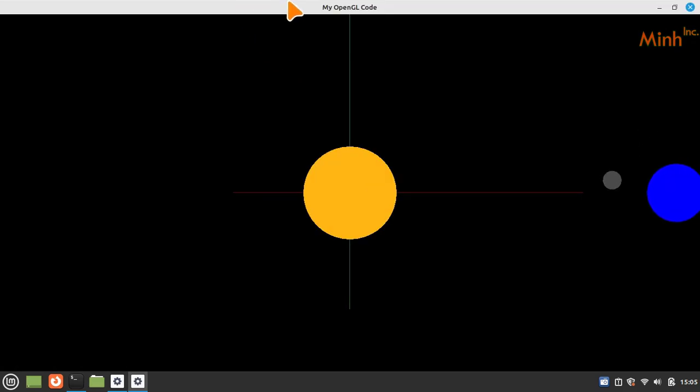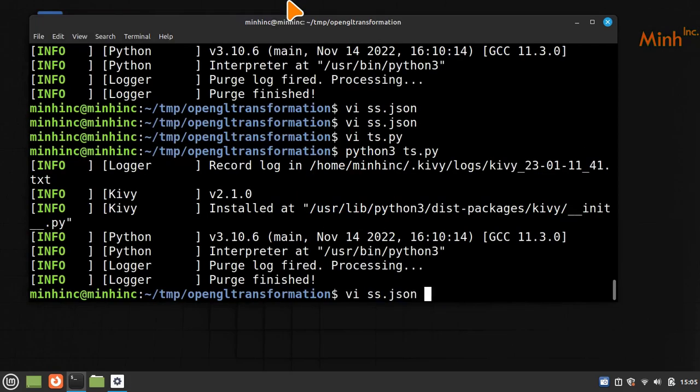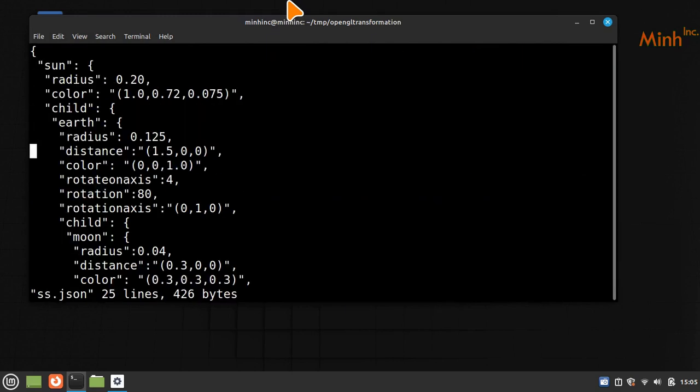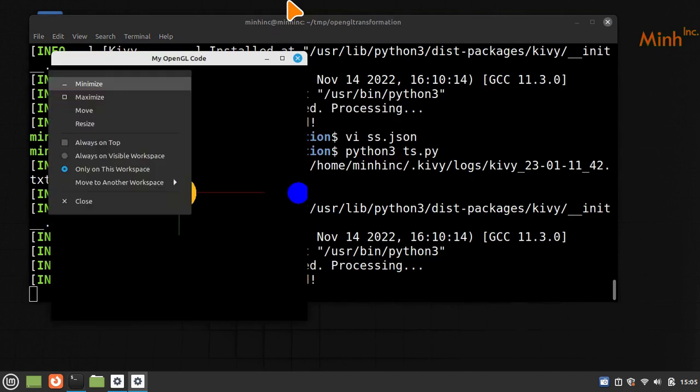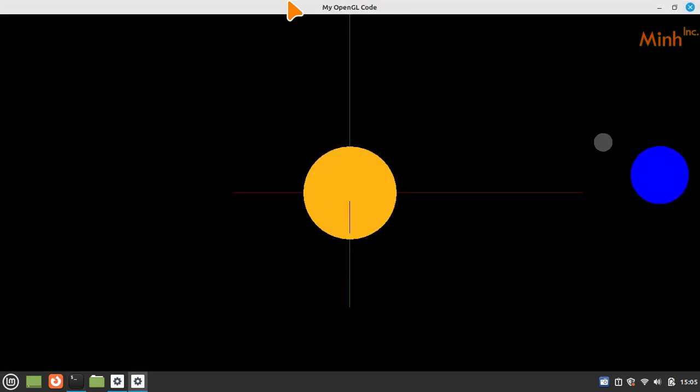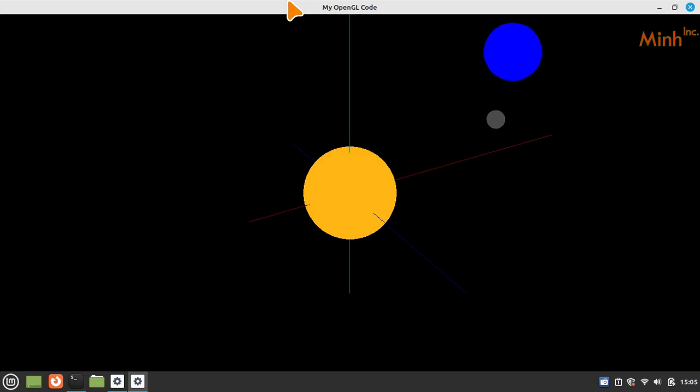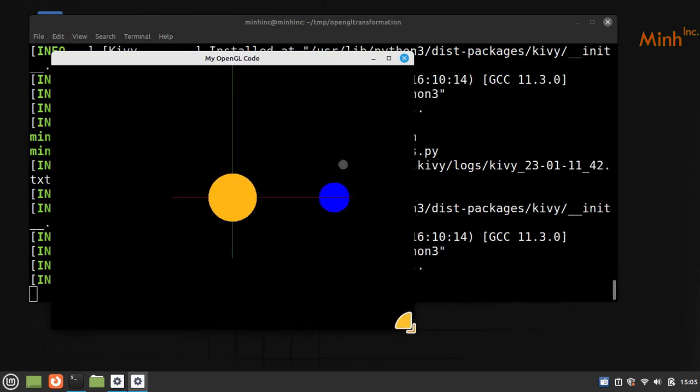Okay, so to make it clear, I think I can change more. Earth is 1.5, that is touching the scenario, so I'll make it 1.4, so that looks better. And okay, this is the scenario, or make it smaller, it should be visible.